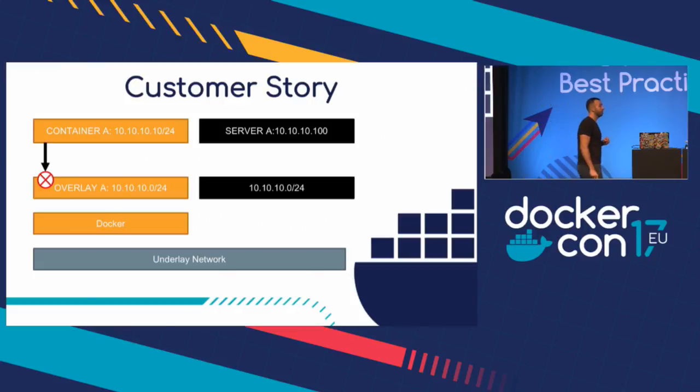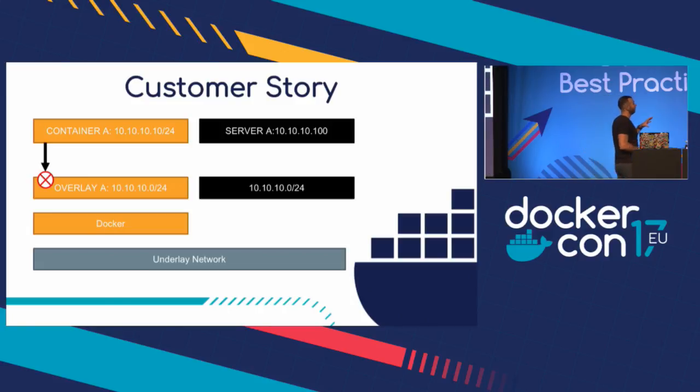And this is a customer story. As we work with a lot of customers, we see a lot of issues, and we want to make sure that we share those with you so you don't fall into the same problem. So imagine here that we have an actual service within your underlay network that is at 10.10.10.100.